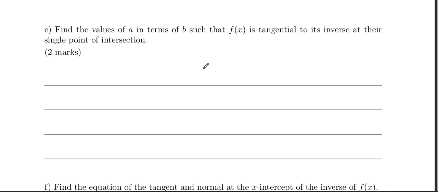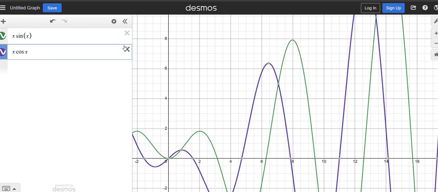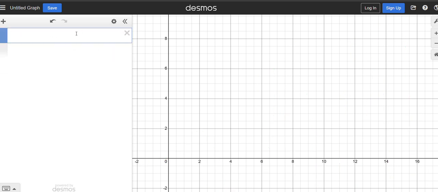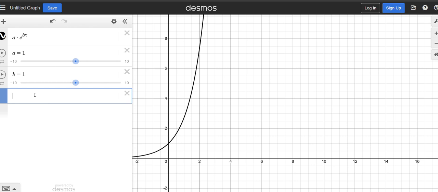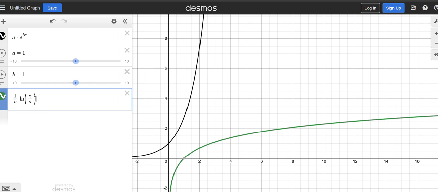Find the values of a in terms of b such that f of x is tangential to its inverse at their single point of intersection. Okay, so what is that going to look like? A times e to the bx and 1 over b ln x on a.